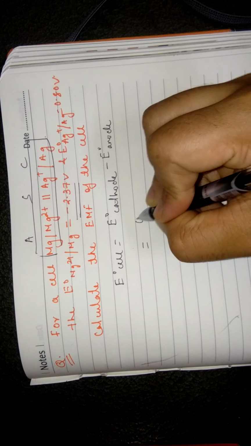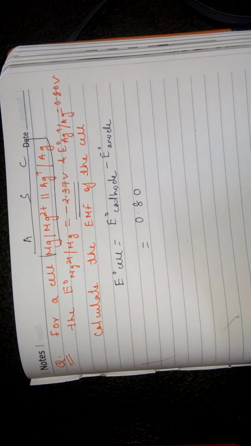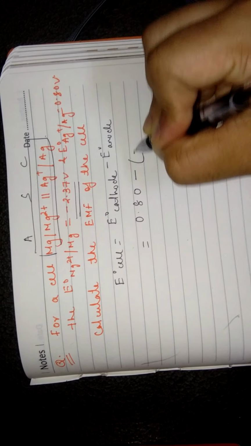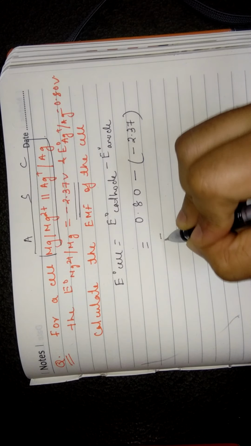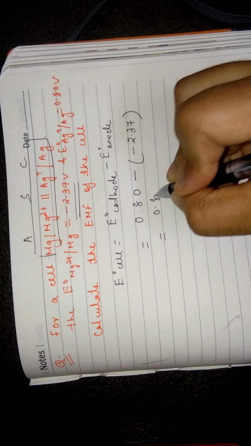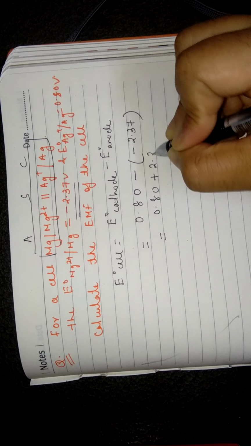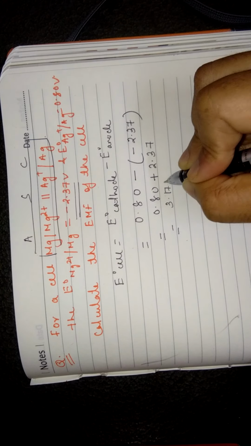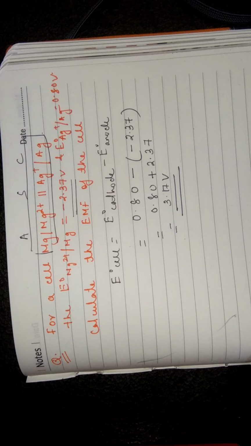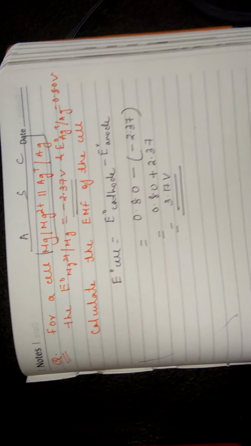The value for the cathode, silver, is 0.80 minus of minus 2.37, so the answer we will get is 0.80 plus 2.37, that is equal to 3.17 volt. So our answer will be 3.17 volt.